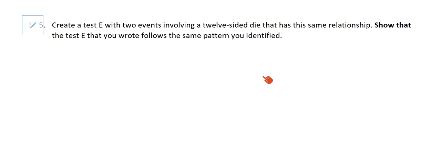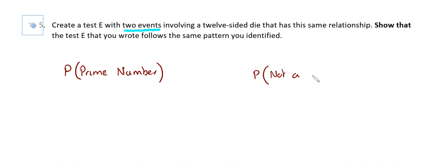Create a test where 2 of them involving a 12-sided die. Now, just note, guys, 2 events involving a 12-sided die. So that means we need to have the 2 things, 2 sides. So the probability of, I would say, I'm going to say, this is just my example, prime number, probability of not a prime number.